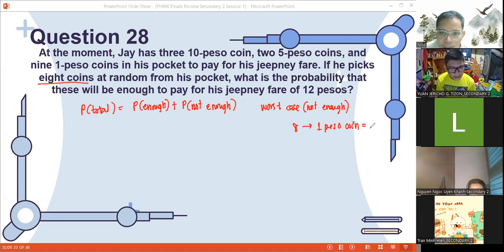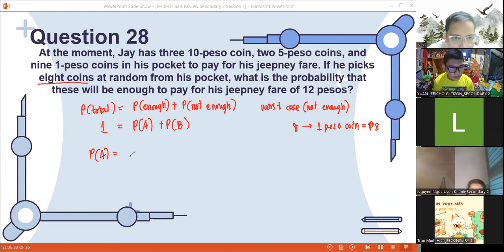So you will not reach the 12 pesos. So the total probability is equal to 1, right? Probability of A plus probability of B. Now the question is, what is the probability that it will be enough to pay? So we have P of A equals 1 minus P of B.